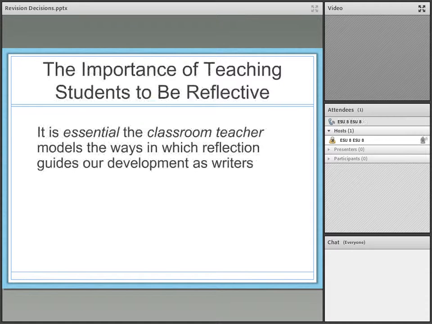You know, teachers, it's important to teach students to be reflective. And it's essential for you, the classroom teacher, to model the ways in which reflection guides our development as writers. I know through all of these years that we've really been focusing on writing here in the state of Nebraska.